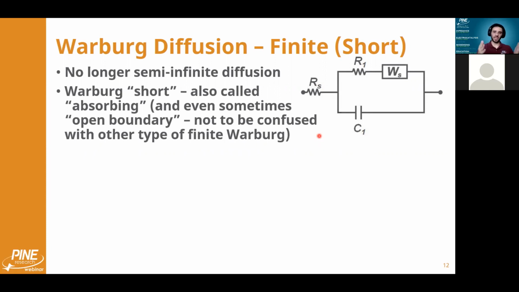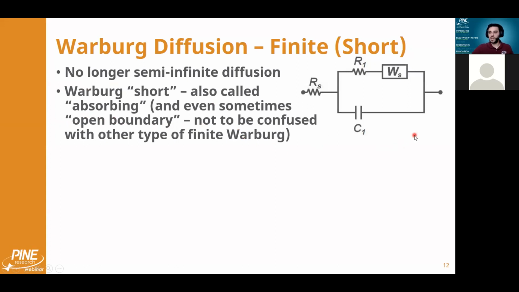Essentially, it's not like a fixed non-porous boundary. The other kind of Warburg that I'm going to show after this is called Warburg open, and so we have open boundary. You can see the confusion in the term. Now we're using open to describe both sometimes. So just a note of caution about that.